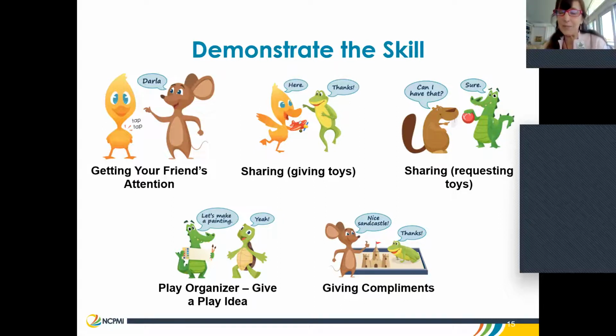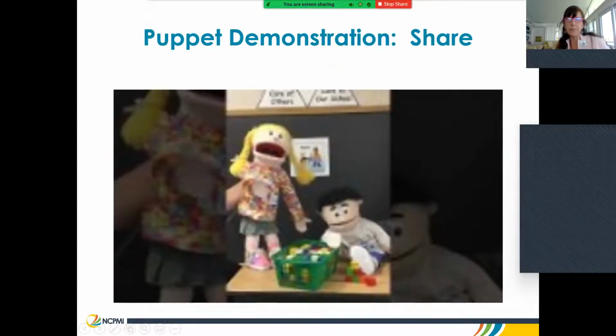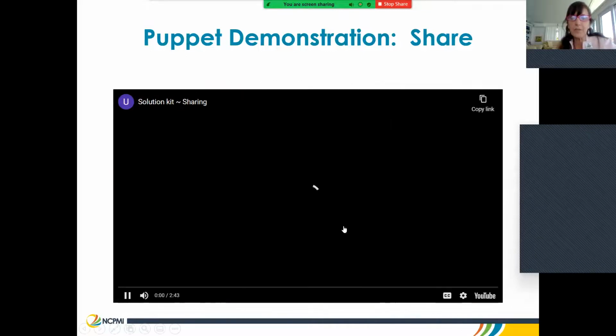So they become the play organizer. We don't want it to always be that few children in the class that organize all the play. And then giving compliments, we can actually teach kids how to say it by modeling and doing puppet shows and all of that. Nice sandcastle. Thanks. So those are those ones, bringing it back to what skills they need. So here's a puppet show.